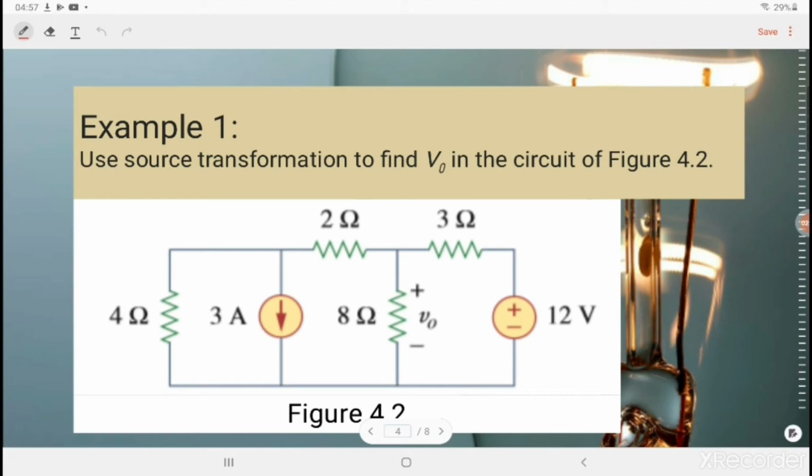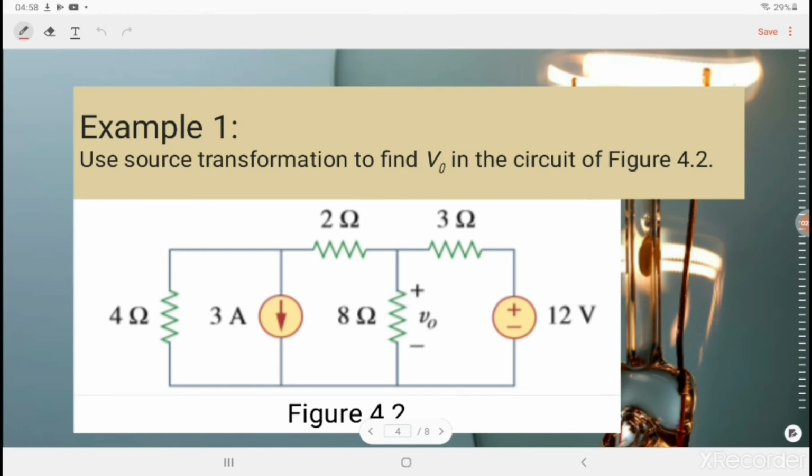Before we go further to the example, source transformation does not affect the remaining part of the circuit. Source transformation is a powerful tool that allows circuit manipulation to ease circuit analysis. However, we should keep the following points in mind.